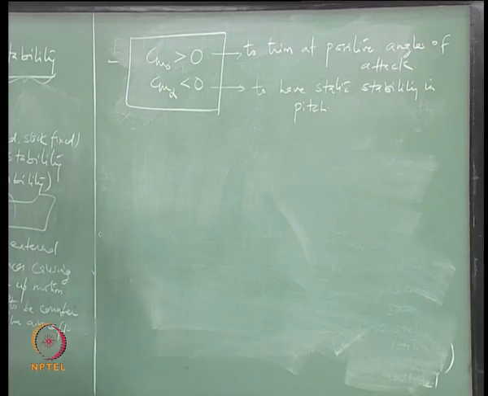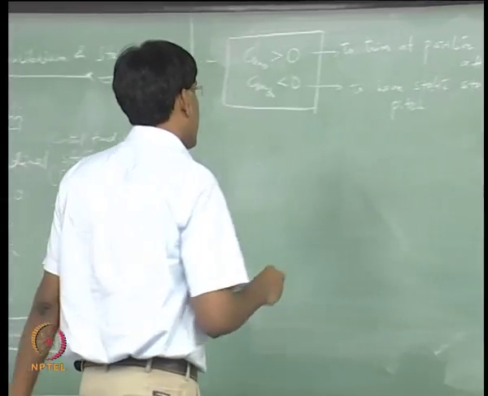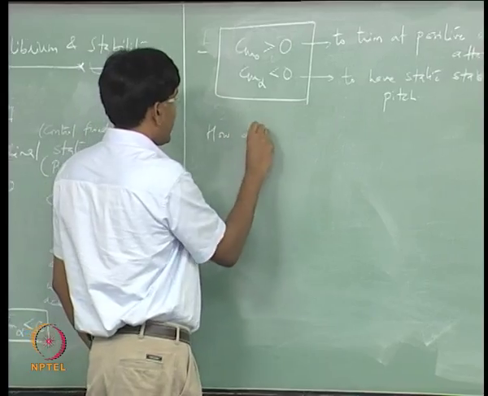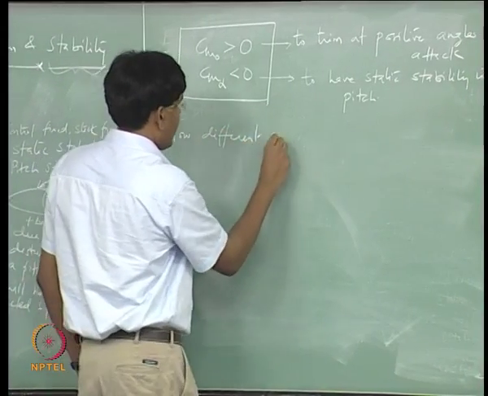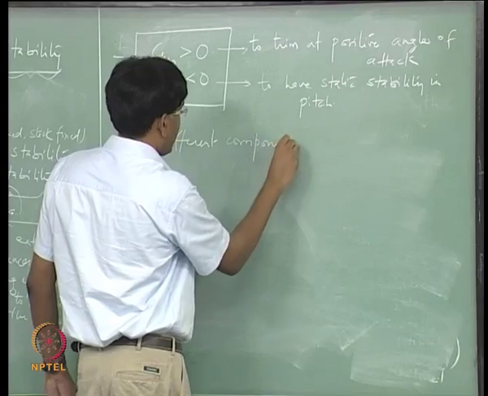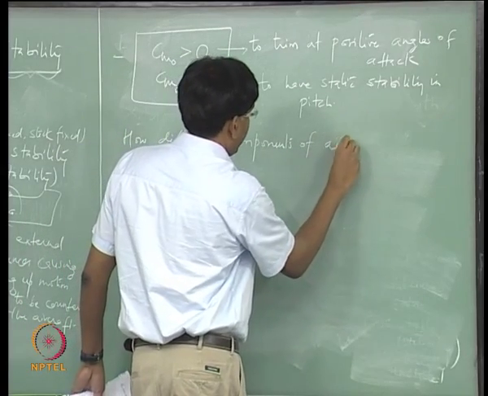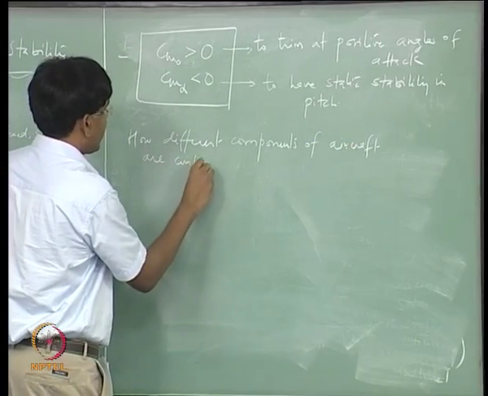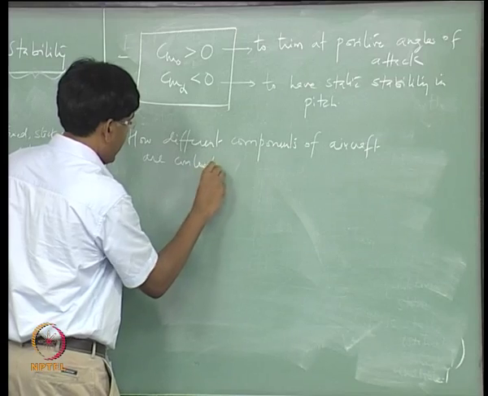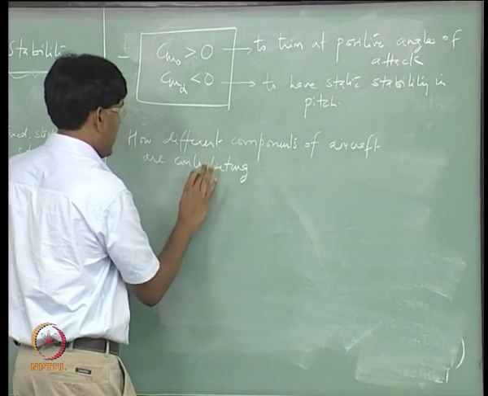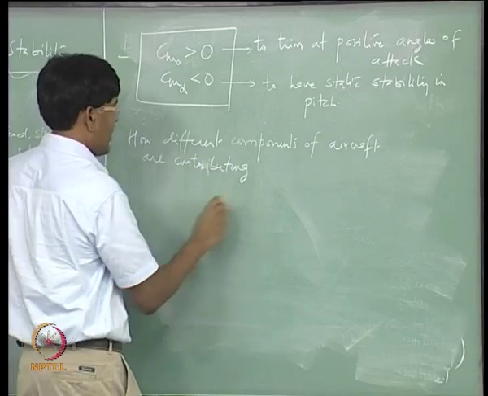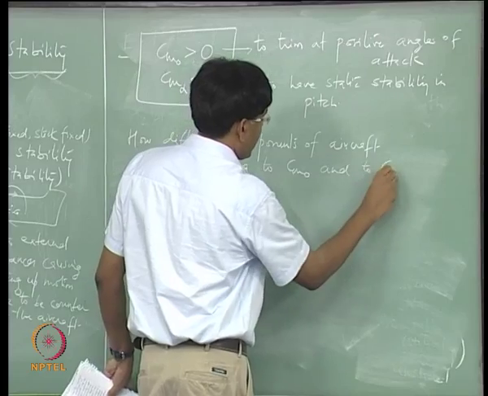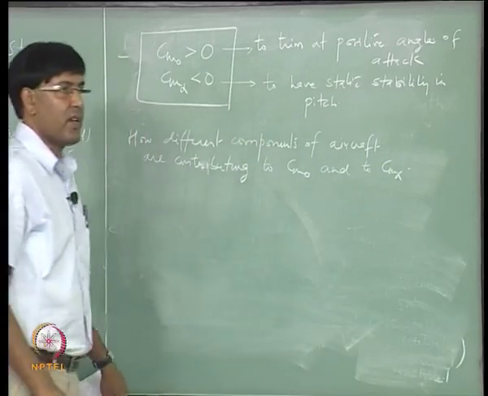So, in the coming lectures what we will see is how different components of the aircraft are contributing to Cm naught and to Cm alpha.